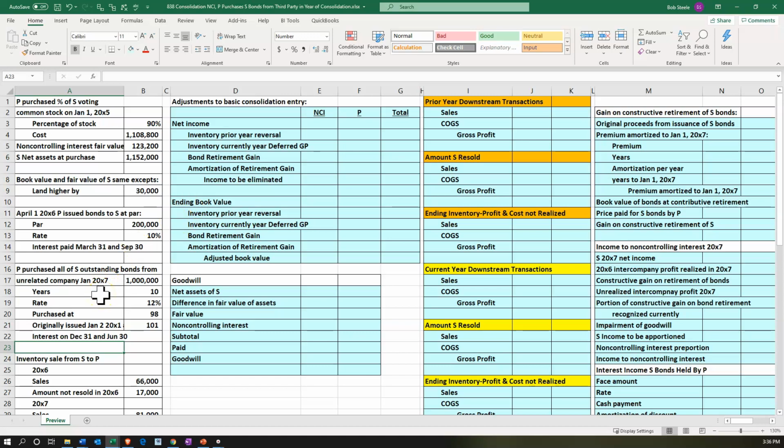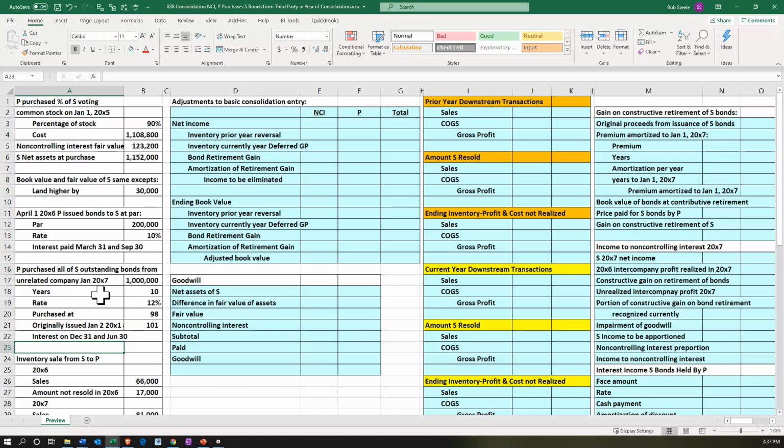We have P purchased all of S outstanding bonds from an unrelated company, January 20X7. That's the current year that we're going to be consolidating in, 20X7. So this happened in 20X7. P purchased the S outstanding bonds.